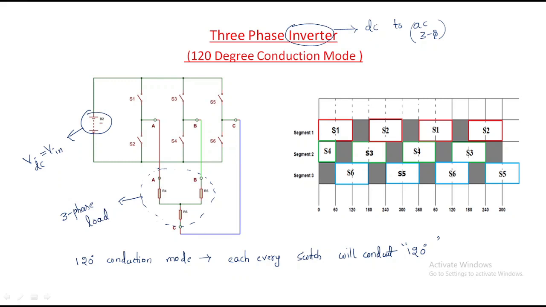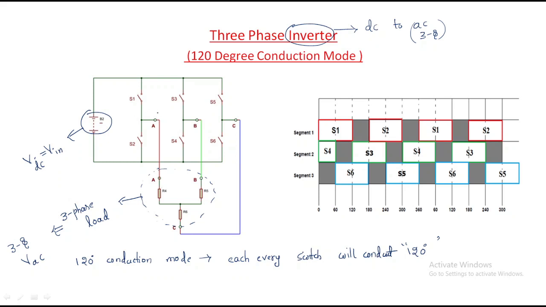Understand? The DC input voltage is converted into a supply for the three-phase load. By this three-phase load, we will get the three-phase AC voltage. Input is DC voltage, output is three-phase AC voltage. How many switches do we have?